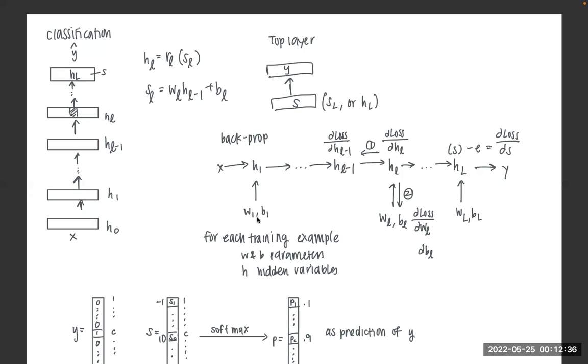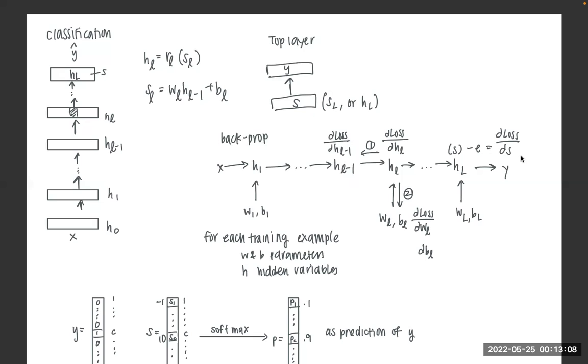And last time we studied chain rule backpropagation, where the forward path is from X to H1 until H_{L-1}, H_L, until Y hat. Then along this backbone, we also have the input from W1, B1, W2, B2, W small l, B small l, and so on.